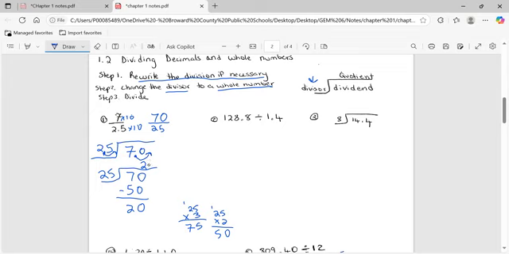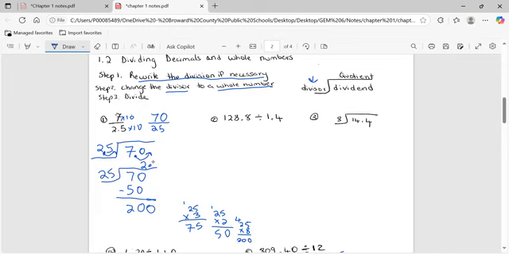As such, I'm going to add my decimal point, and that allows me to add a 0, taking me into the tenths position. So now 25 goes into 200 how many times? Well, I think it's 8. If we are unsure, then we could do 25 times 8. 8 times 5 is 40, carry 4, 8 times 2 is 16 plus 4, that's 20.